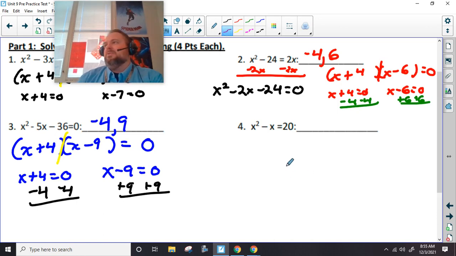Now, what's the first thing we have to do on number 4? X times 20. Not X times 20, but move the 20.